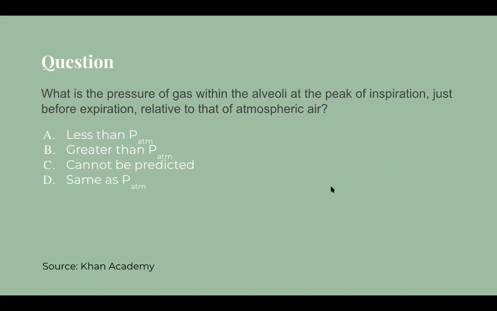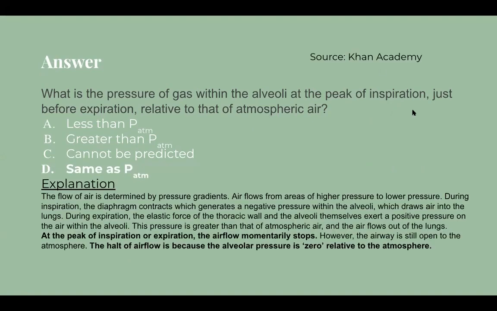Okay, so I got a mix of answers, mostly B and D. This was a bit confusing, so I'll take you through the explanation. The answer is actually D. The key is that it refers to inspiration at the peak.